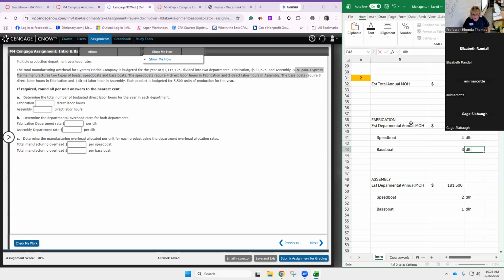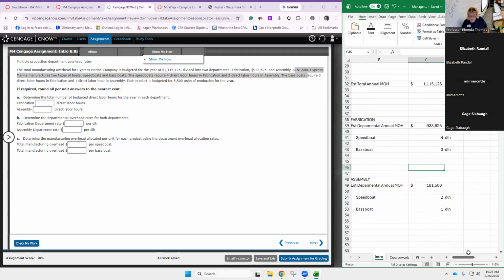So, all right. Now that we know this, we're going to make the same amount of each boat. So we're going to make 5,500 units of each, right? So we know how many direct labor hours are going in fabrication.